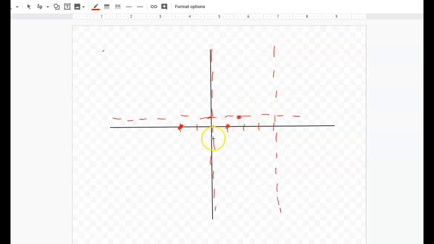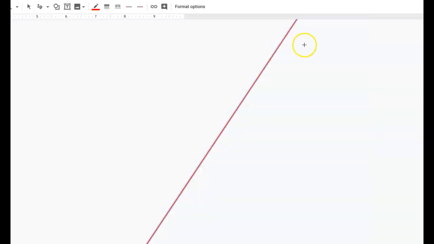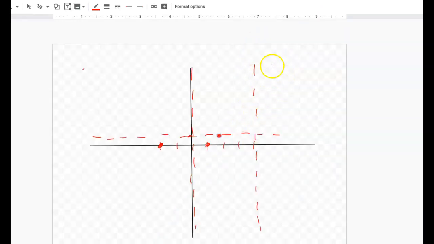All right, so remember this one has multiplicity 2. So this means that the curve is approaching x equals 4 from the same infinities.